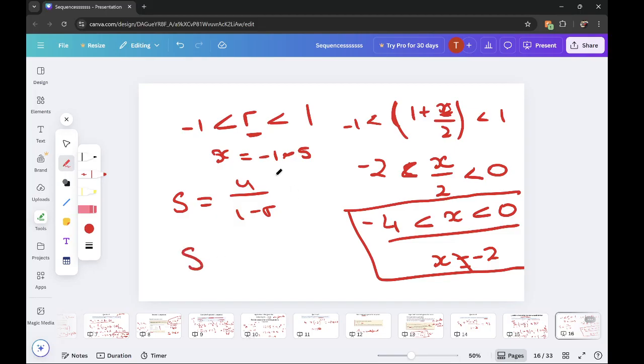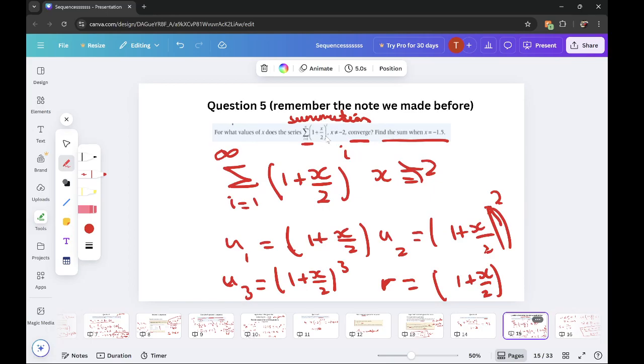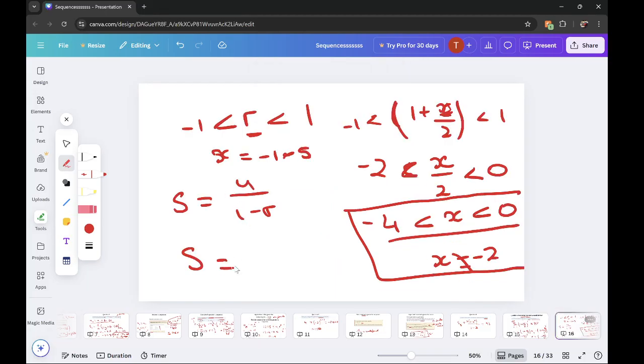Once you plug in x equal to -1.5 back into this equation over here, since I don't have space, I won't be writing it down, but once you plug it in, you should get the value for u1, which is 1 plus -1.5 over 2, which, if I just do it in my mind, is -0.5. Yes, negative 0.5.